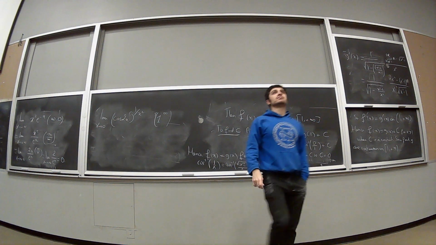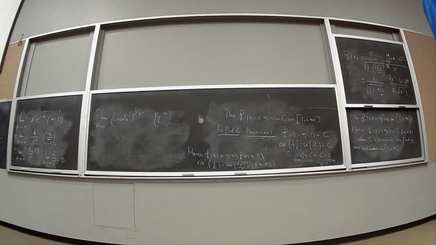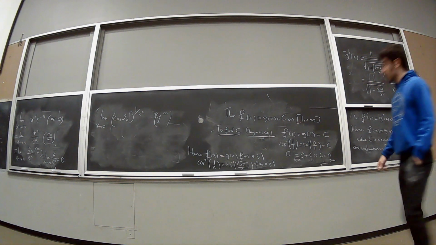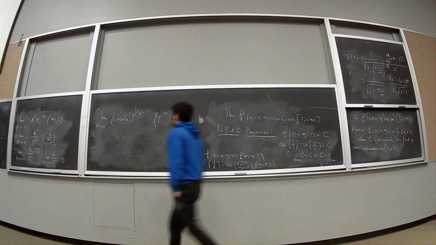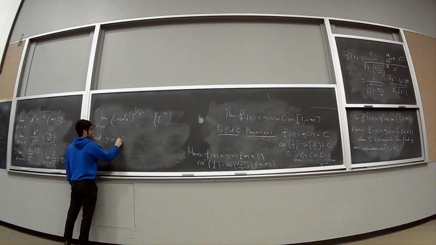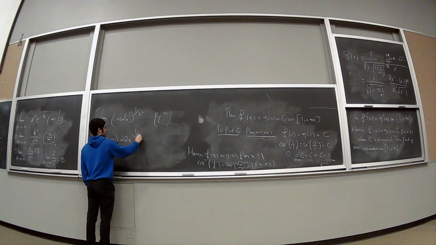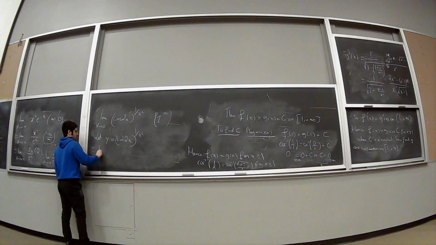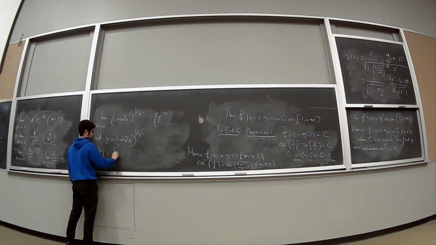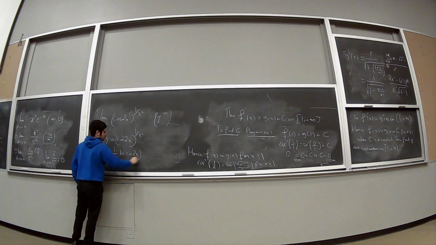How should I proceed? Anyone who attempted the questions? Yes. Exactly, thank you very much. So let y be equal to cos 2x to the power 1 over x squared. ln y is equal to 1 over x squared times ln cos 2x.